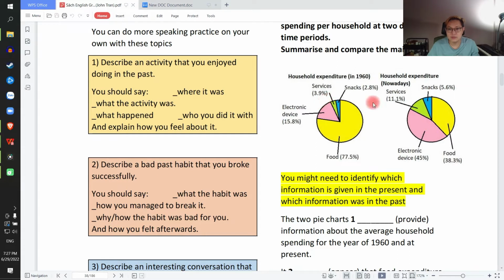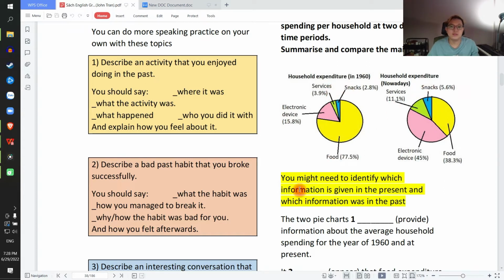Services, well, increased nearly three times. Snacks almost 2 times. Đó, các bạn có thể thấy rõ ràng, lượng food giảm còn gần một nửa. Electronic device tăng 3 lần, services tăng cỡ khoảng 3 lần, snack 2 lần, something like that.